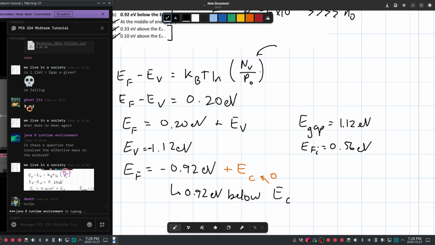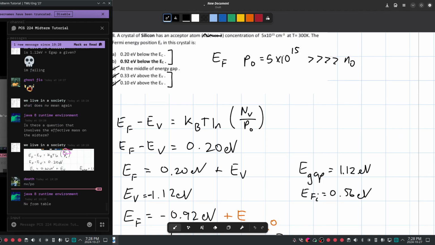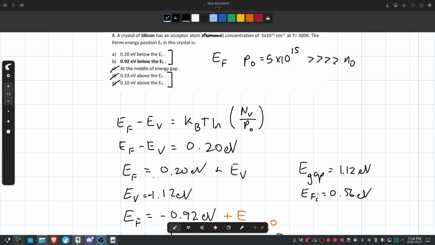So N_V over p0. p0 is the number of holes, the number of acceptors. We can assume that because we have so many acceptors, we can assume this is the value of p0. And that's much greater than n0, so we don't care about n0, but I don't think that really matters here. It's the effective density of states in the valence band. Yeah, so N_V is from your table. This is also from your table.